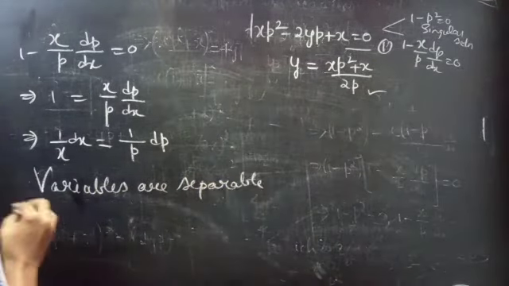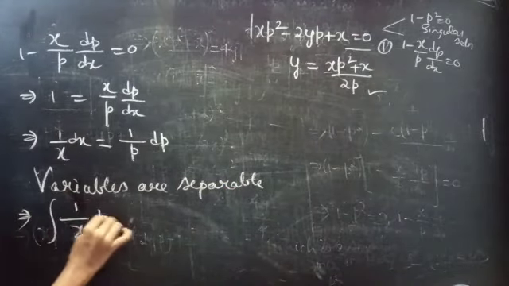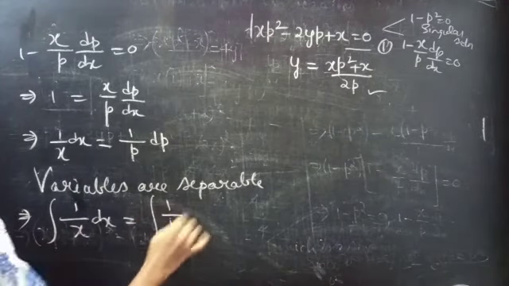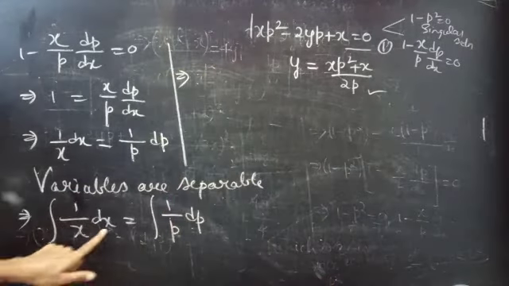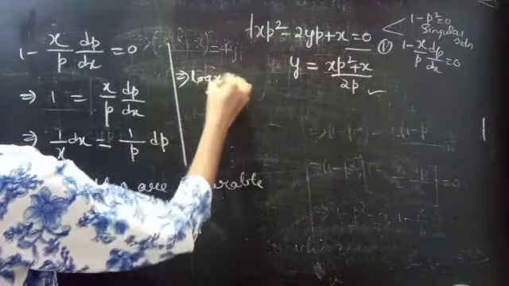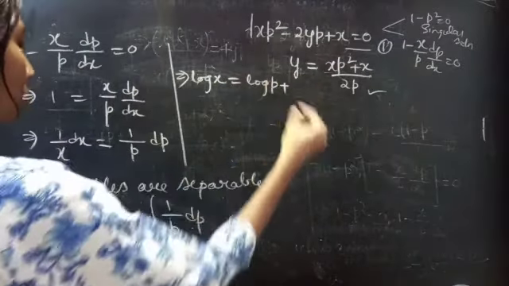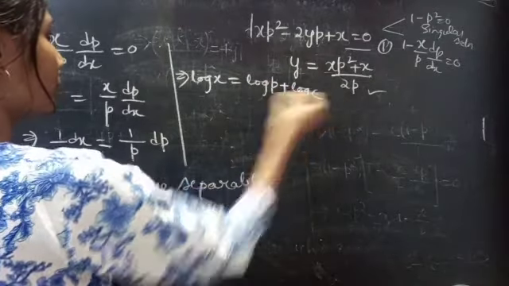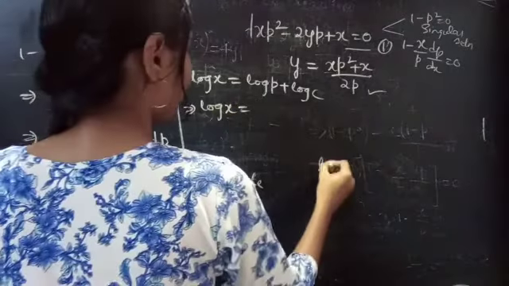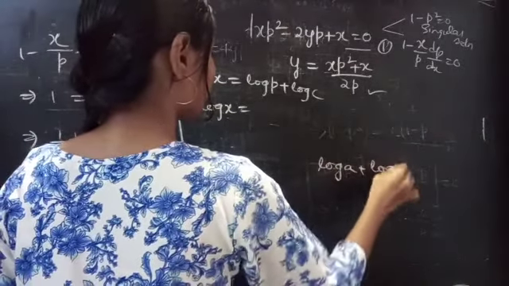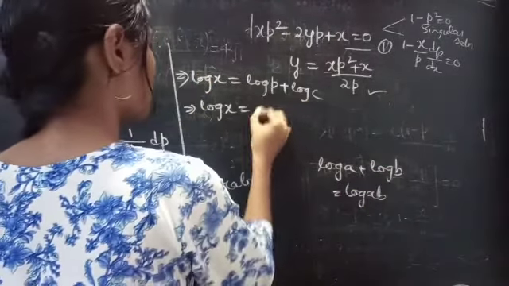Since the variables are separable, we can perform integration. Integral 1 by x dx equals integral 1 by p dp. We know that integral 1 by x dx is log x, and integral 1 by p dp is log p. Since both terms are in p, we'll take the integral constant as log c. We know that log a plus log b equals log ab, so we get log p plus log c equals log cp.